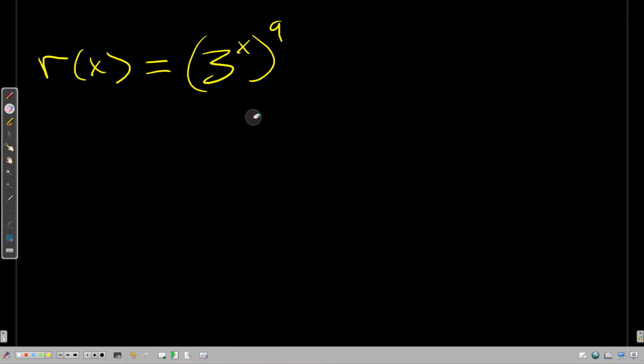You know, according to our exponent rules, this is the same as 3 to the power of 9x. Right?